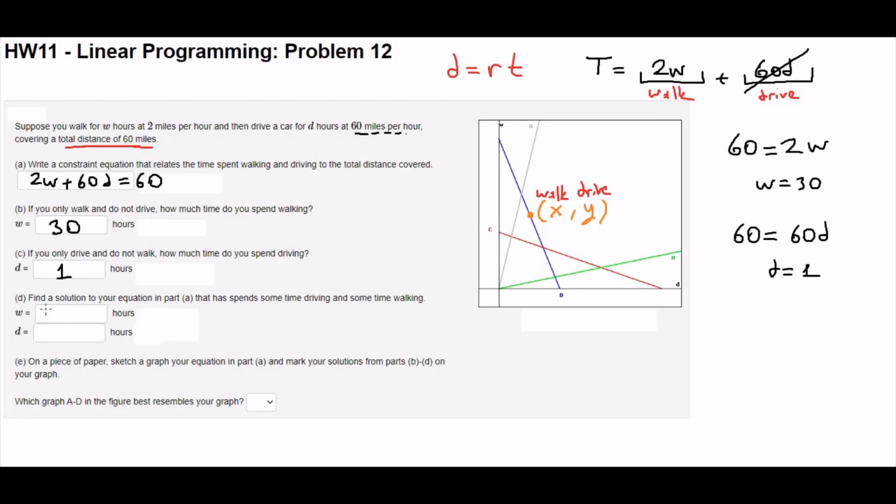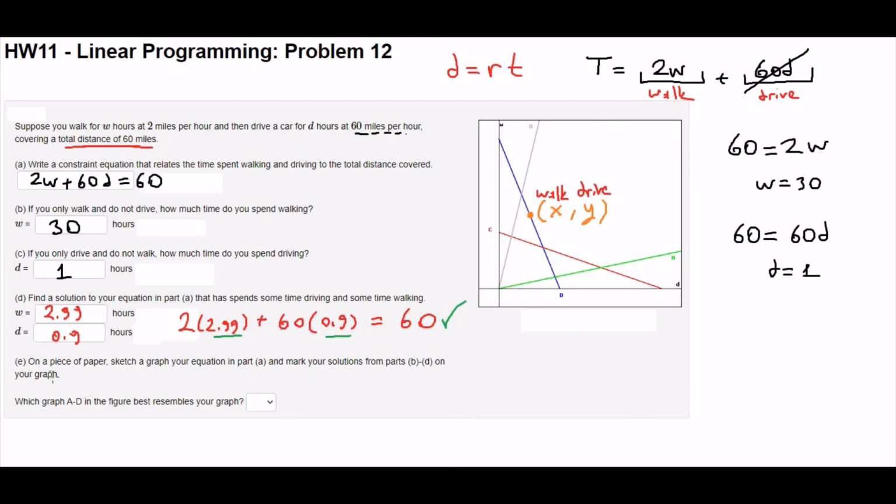So I would like to pick 2.99 hours walking, 0.9 hours driving. And the check is this. The check is 2 times 2.99 plus 60 times 0.9 has to be equal to 60. So that confirms that this is a point on this line.